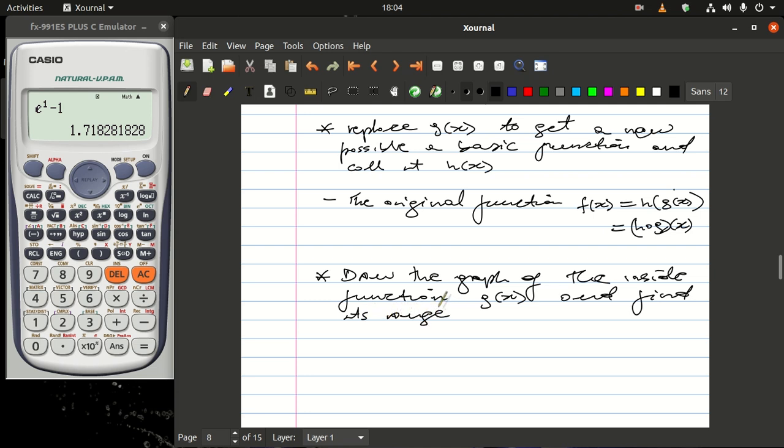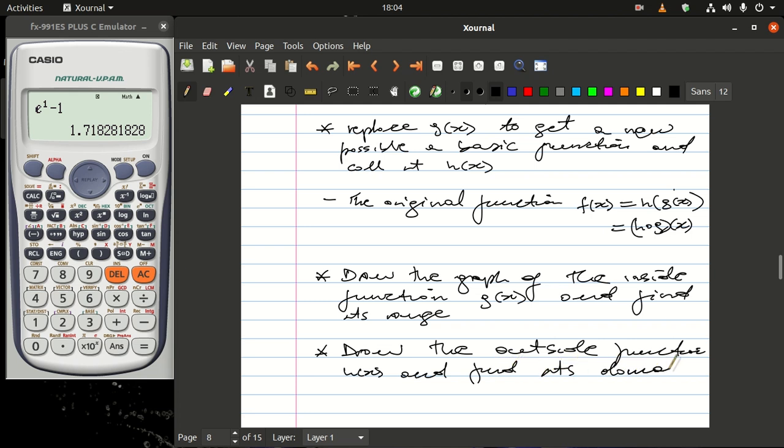So we are looking for the range of the inside function. Then we draw the outside function h of x and find its domain. So here we are looking for the range of g, here we are looking for the domain of h, right?